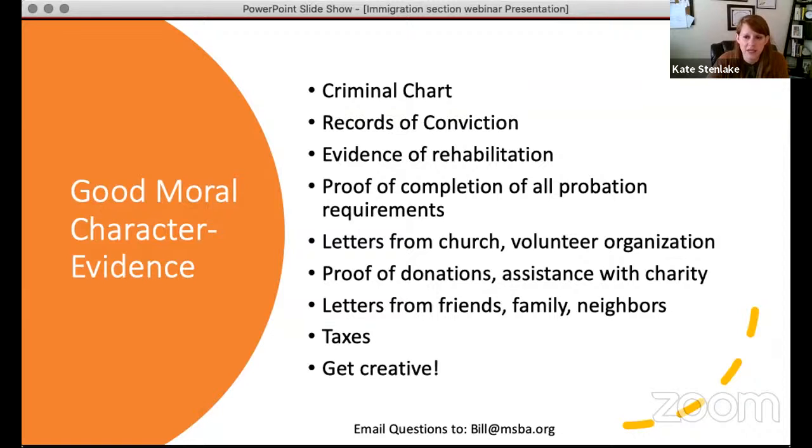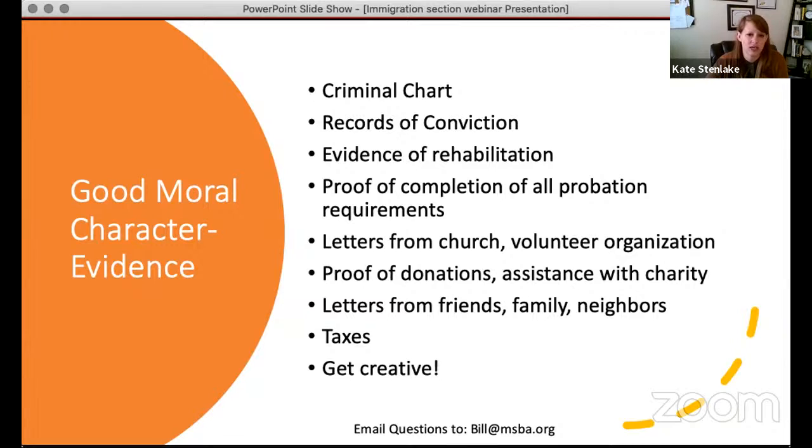You don't want your client to be admitting to conduct, but obviously you also can't have your client lie, because that would also be a bar to good moral character. So yeah, dealing with criminal convictions is definitely a very delicate area.